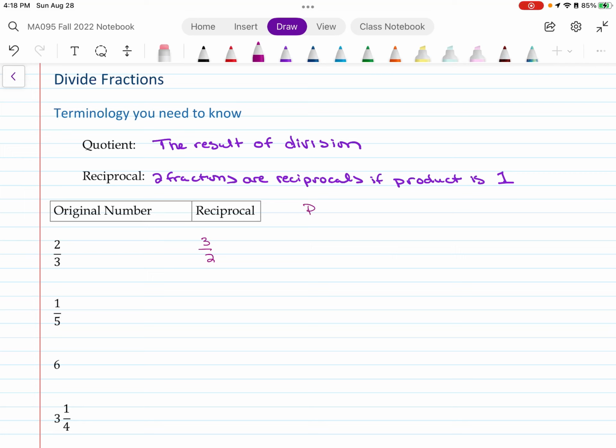So to test the product, 2/3 times 3 halves is going to be 6/6, or you can think of it as the 3's cancel, the 2's cancel, and I get 1, 1, 1, 1, right? So 6/6 is just 1. So the product is 1. In other words, flip it over. Flip it over. All right?